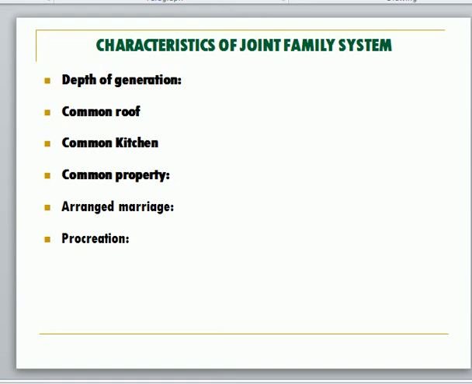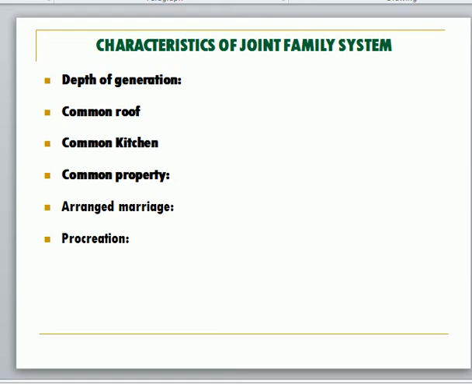Another thing that happens in a joint family system is arranged marriage. In the joint family, the head considers it his privilege to arrange the marriages of the members. The individual right to select his or her partner is not considered, it is undermined and ignored. It means individual rights are not there.